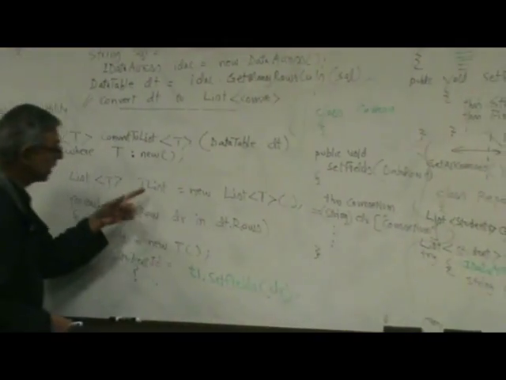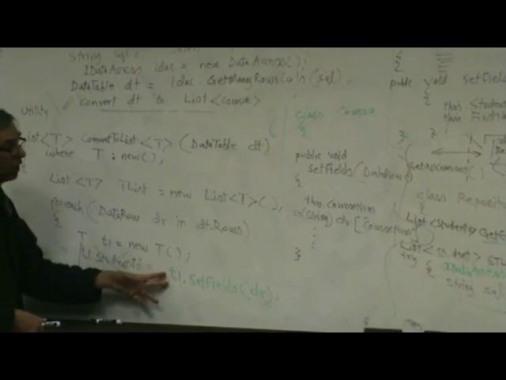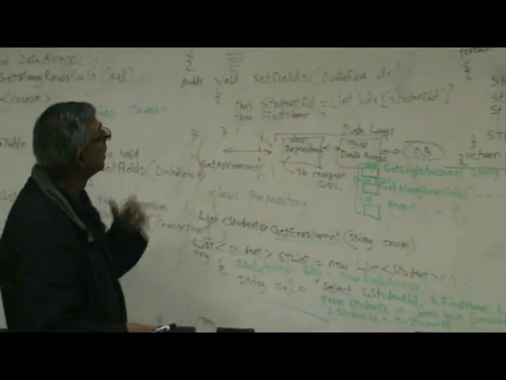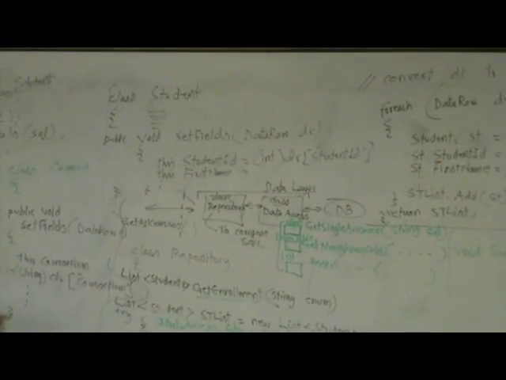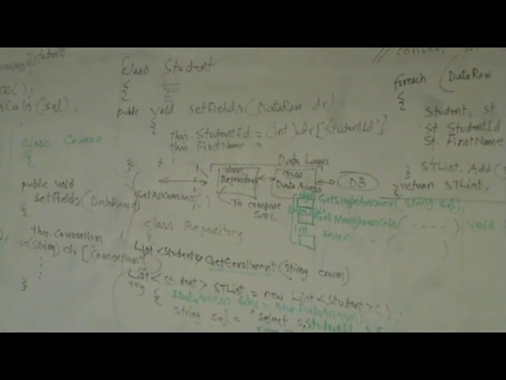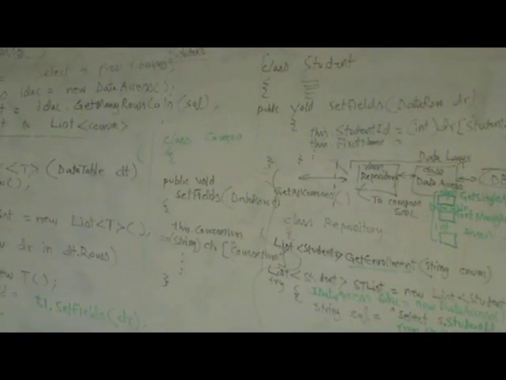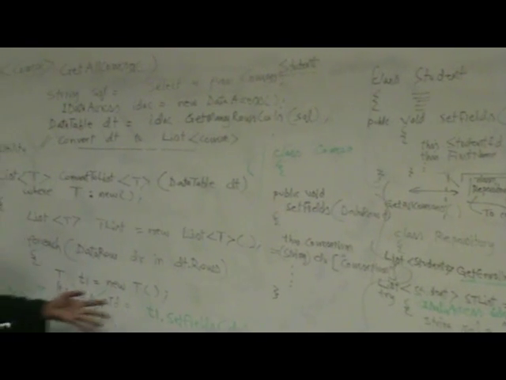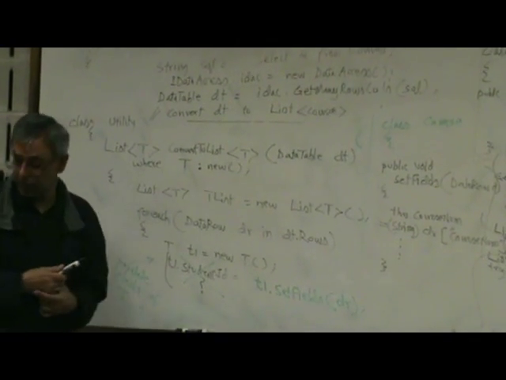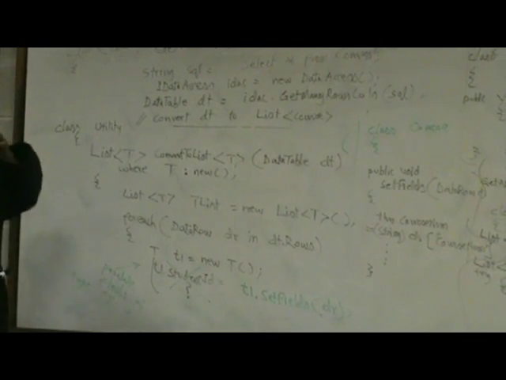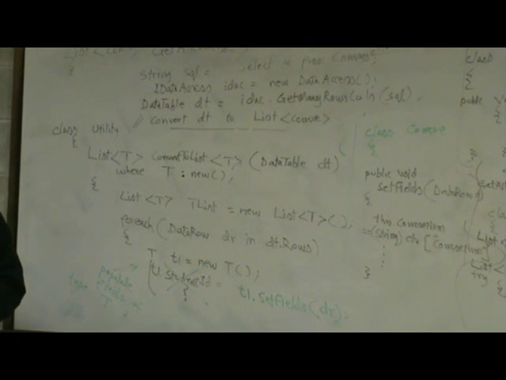If this was called with student, it will call T1.setFields on the student. Every class knows what fields it has. So this way we can overcome this limitation and also satisfy the Liskov substitution rule, right?